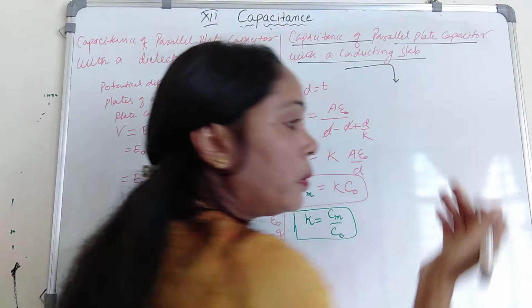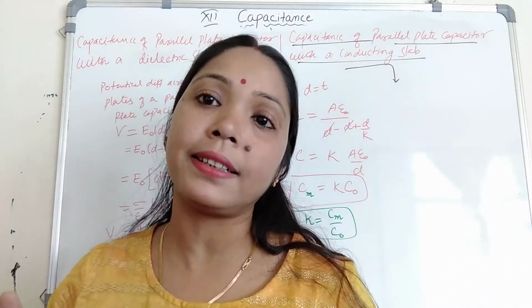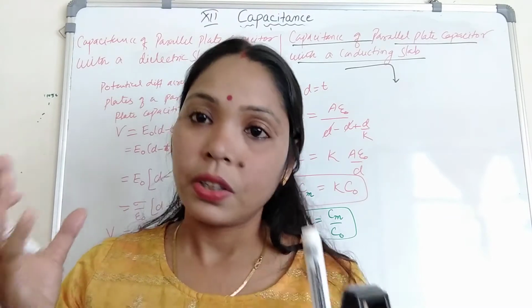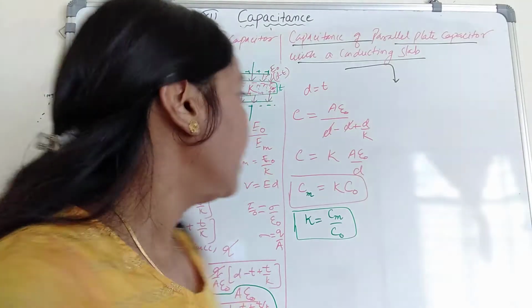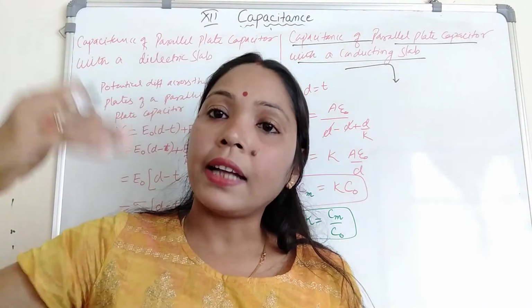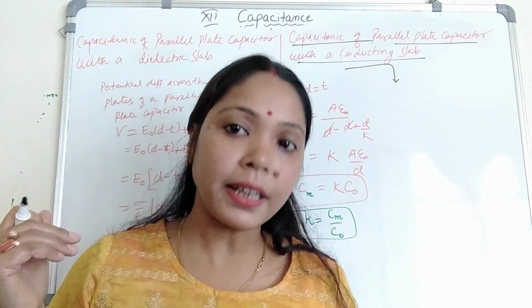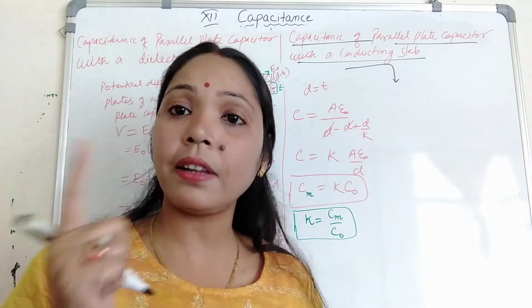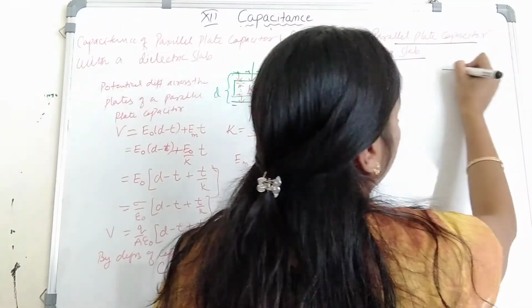We know that inside the conductor, the electric field is 0 because all the charges are lying at the surface. But in the dielectric slab, the electric lines of force are also transmitted inside the slab. That is the main difference between the dielectric slab and the conducting slab. Let's draw the figure for this.